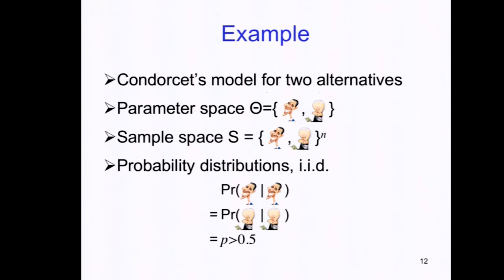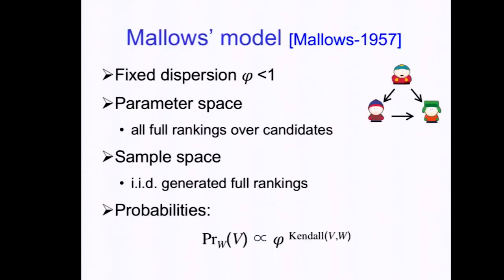Given the ground truth is Obama, an independent vote for Obama is the same as, given the ground truth is McCain, an independent vote for McCain, which is p strictly larger than half. We didn't specify the probability of McCain given Obama because that's just 1 minus p. That's a probability distribution.